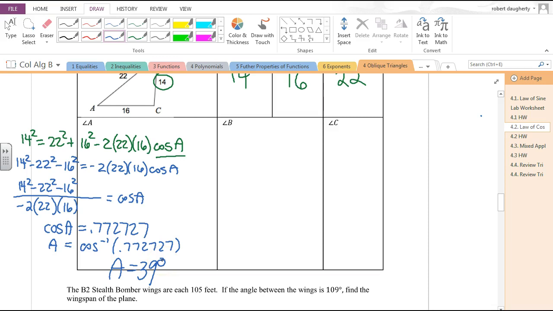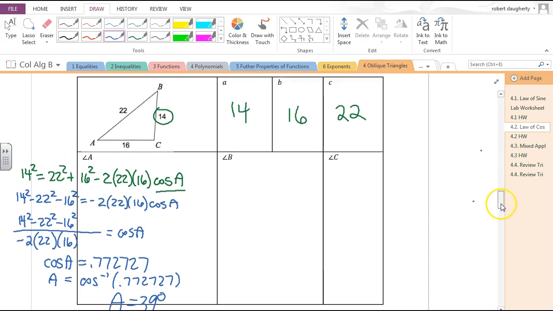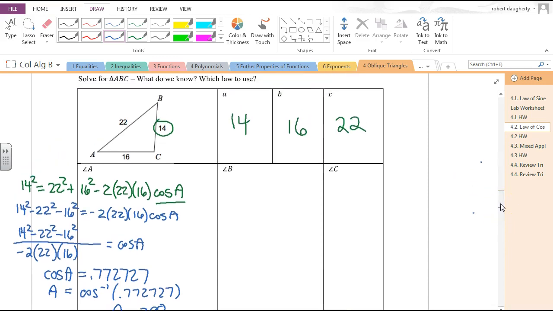Now I got to go through the same little process to find angle B, because once I get two angles, it gets a whole lot easier. So if I'm solving for angle B, to start out with the law of cosine, I will go to which side? Where's the opposite side? So it's going to be what? 16 squared equals what? 22 squared plus 14 squared minus 2.